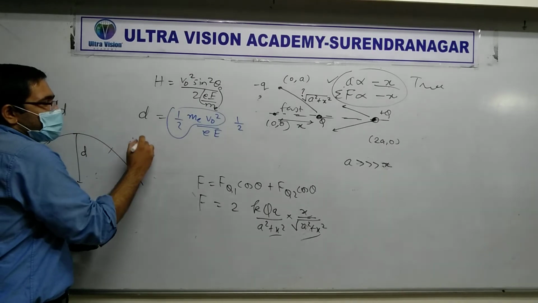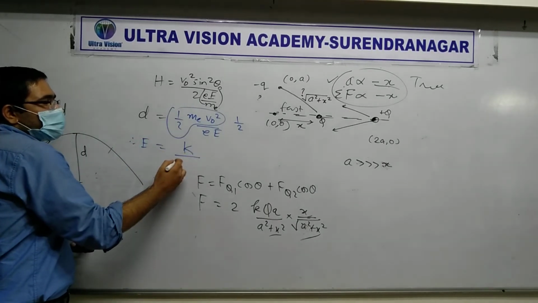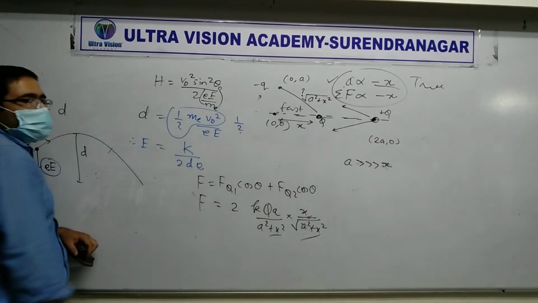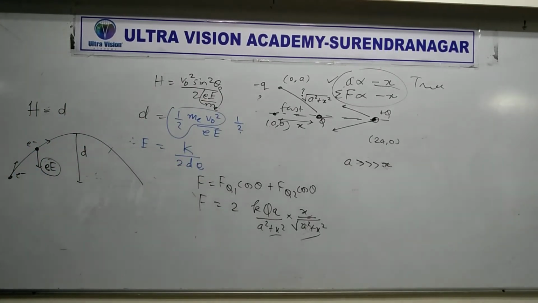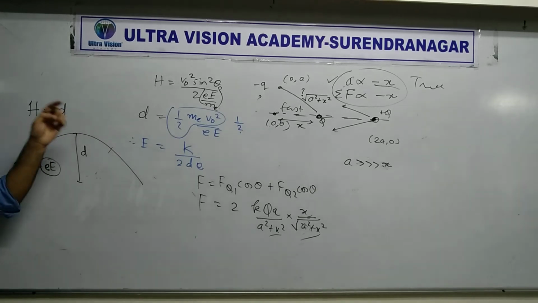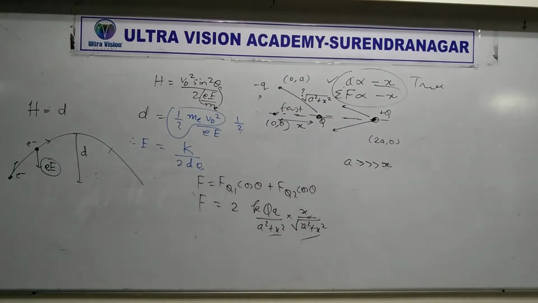K. So E is equal to K by 2, and d will come here. Is that okay? No calculation, so it's very simple. We only had to grasp the concept of how it moves. It's just like projectile motion. Okay. Next.